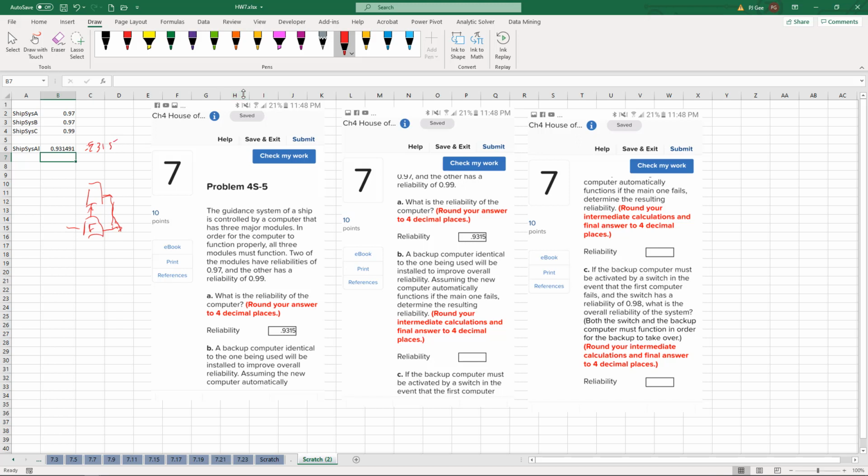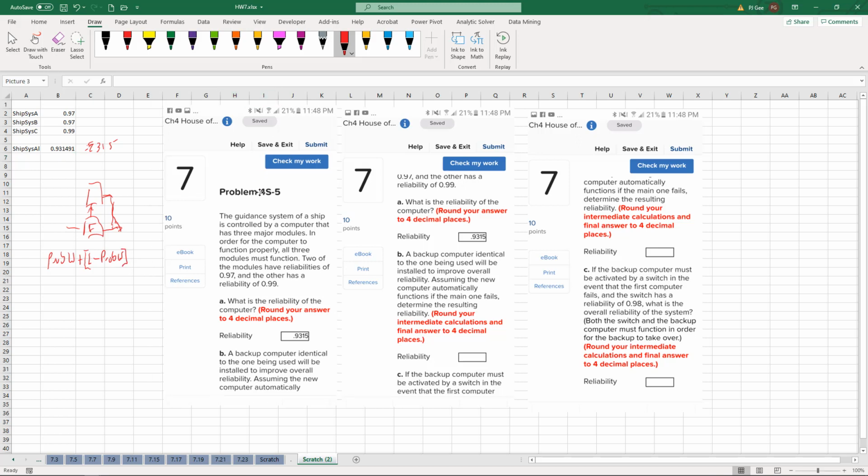Okay, so it's the probability of the first one working, plus the probability of it failing. So it's 1 minus the probability that it was working. It's the complement of that.